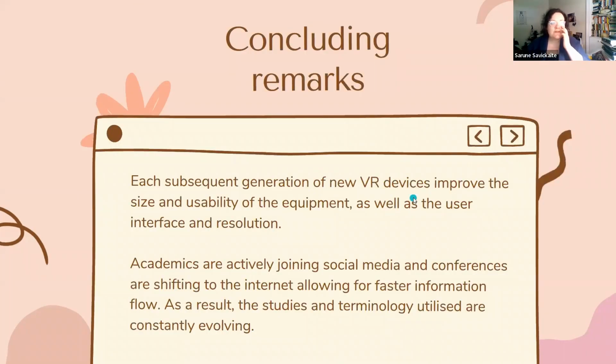So just some concluding remarks. Each subsequent generation of new VR devices improves the usability of the equipment, as well as the user interface, interaction, and resolution. And with academics joining social media, conferences becoming online, and information transfer becoming faster, the terminology is inevitably going to change, and there are going to be different iterations of this.